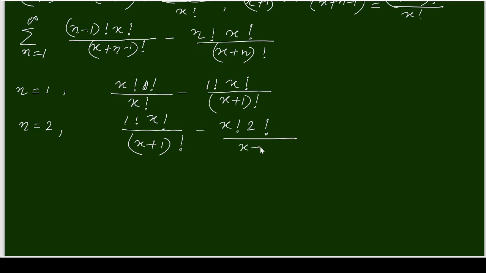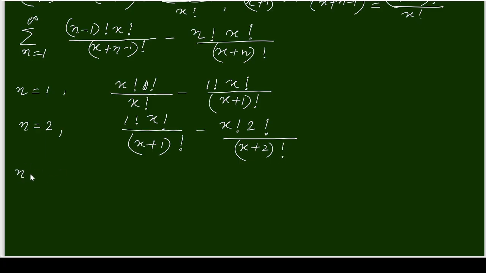Now when n equals 2, it will be 1 factorial into x factorial over (x plus 1) factorial, minus x factorial into 2 factorial over (x plus 2) factorial.